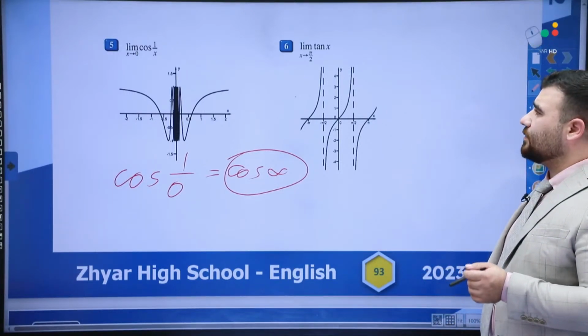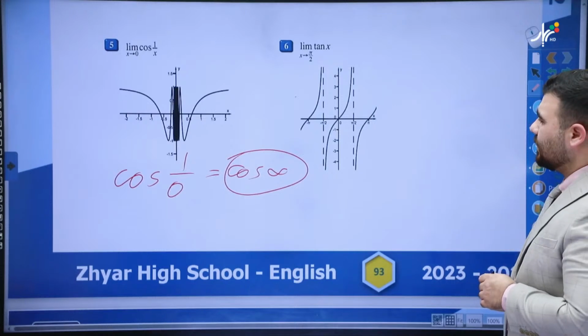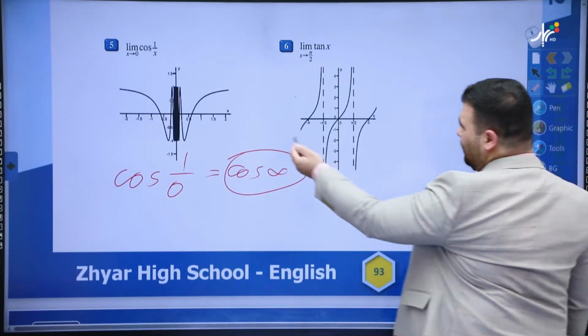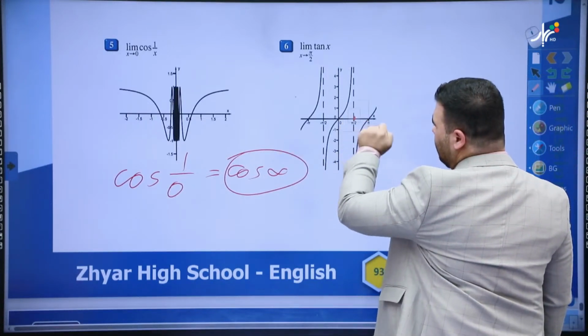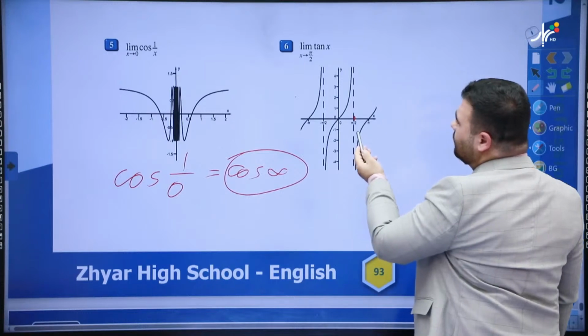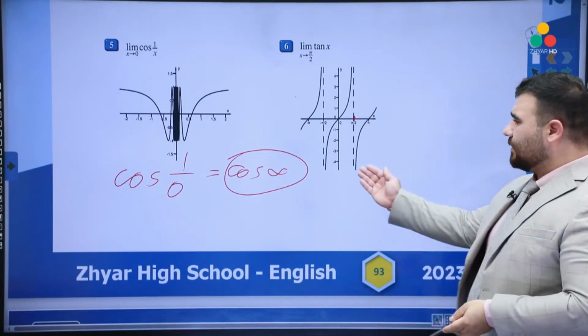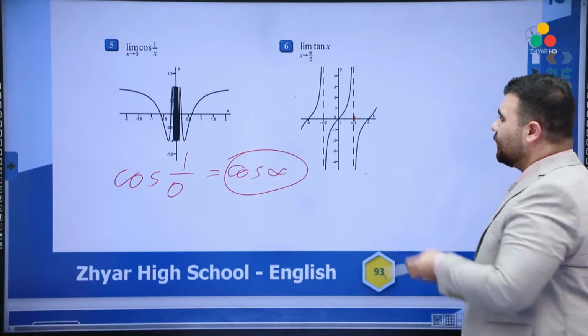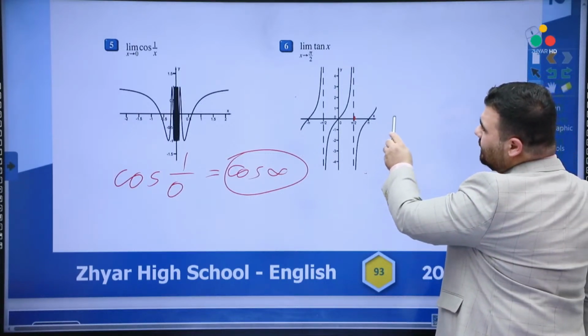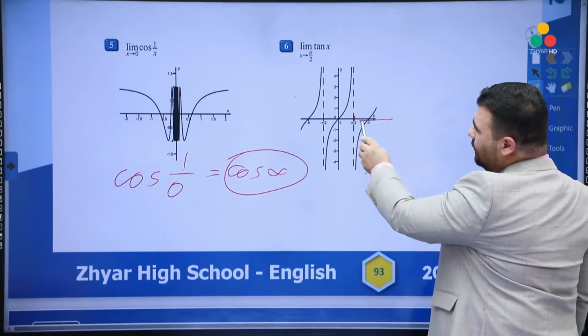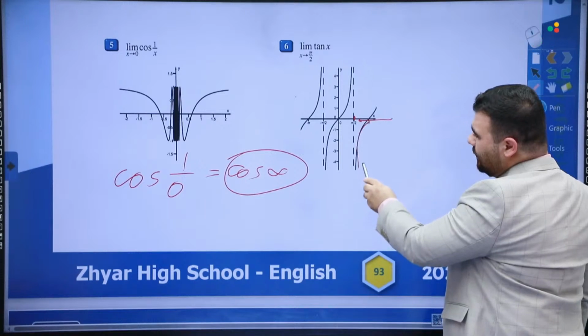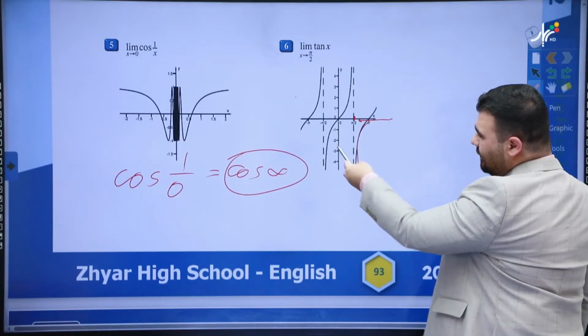Question 6. Limit as x approaches pi over 2 of tan x. Okay, where is pi over 2? It's right here. On pi over 2, the graph is two pieces. One piece is right here, the other piece is going up. Then we do left and right. On the right side, if I approach pi over 2, I see the graph is going down and doesn't stop at any value.